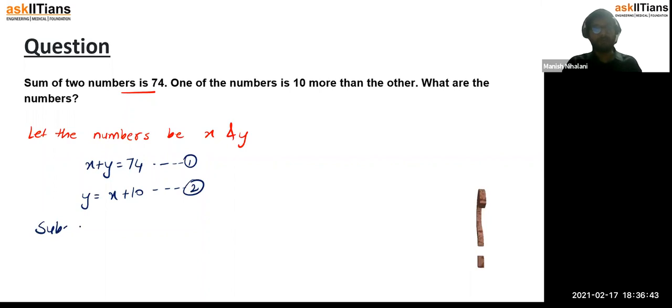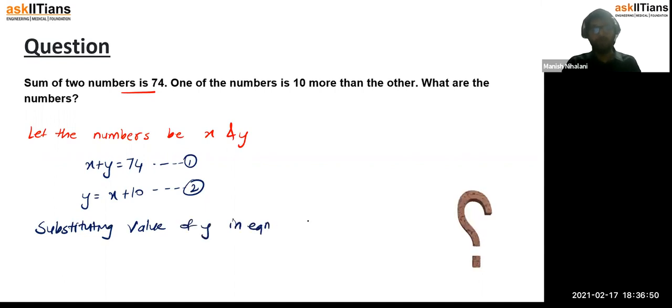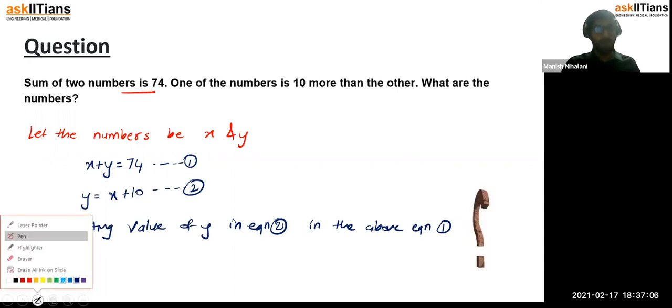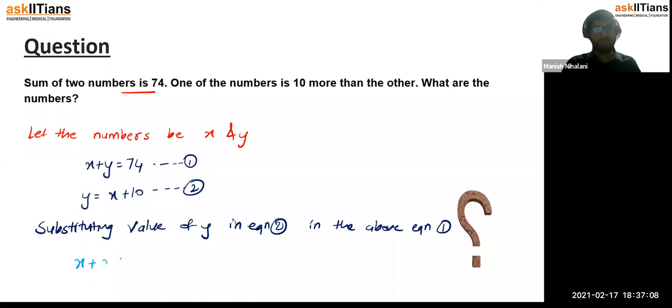So substituting the value of y from equation 2 in the above equation 1, we get x plus x plus 10 is equal to 74, which implies 2x is equal to 74 minus 10, which is 64.